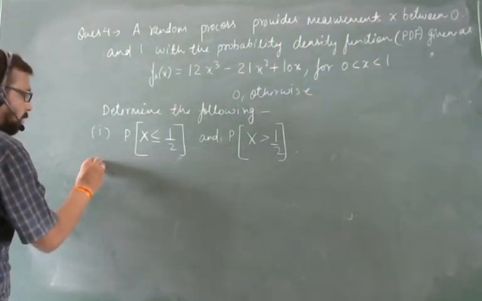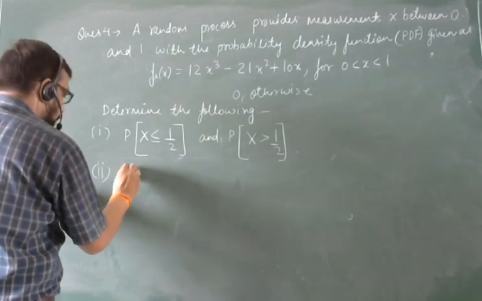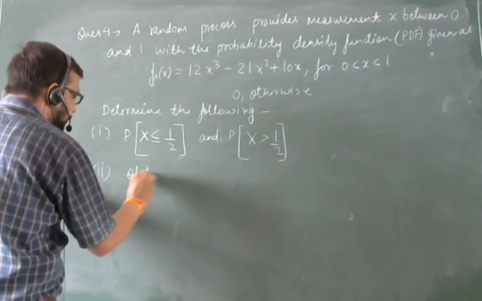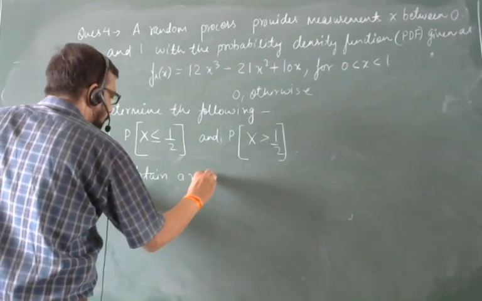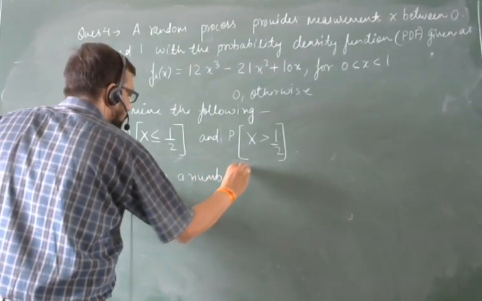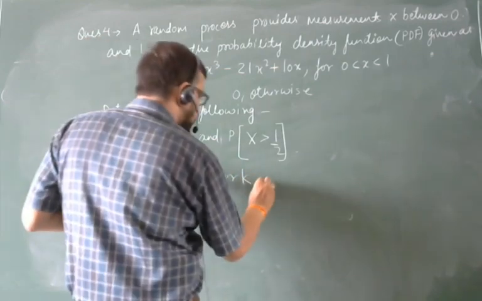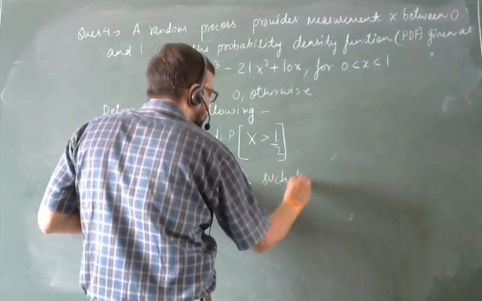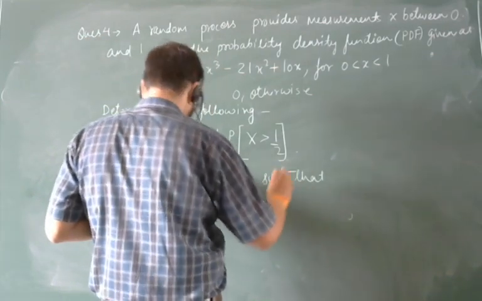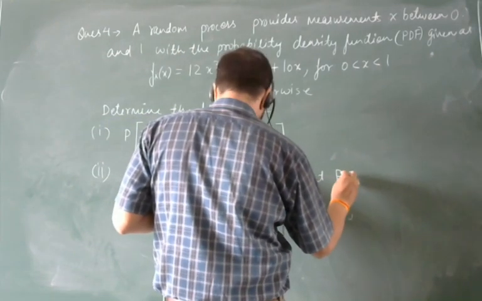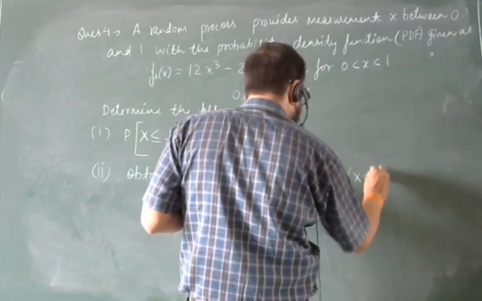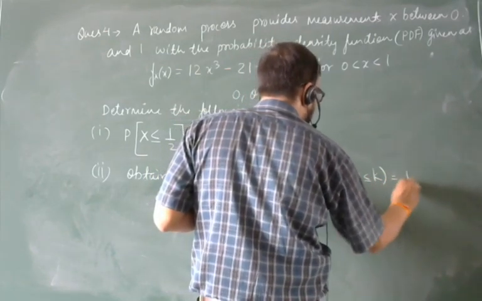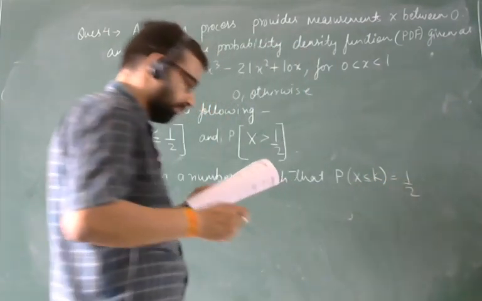And second point, obtain a number k such that P of x less than or equal to k is equal to 1 by 2.